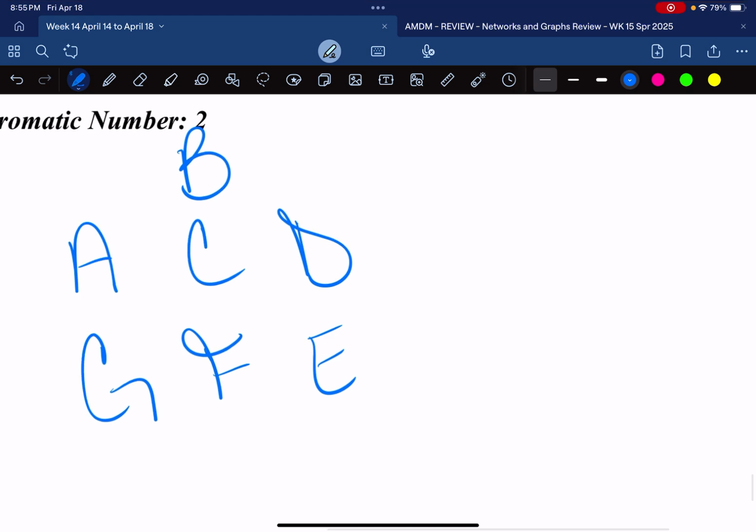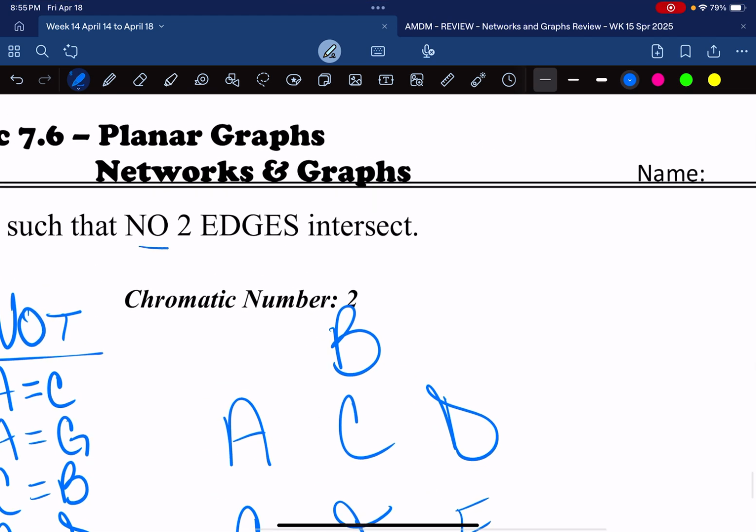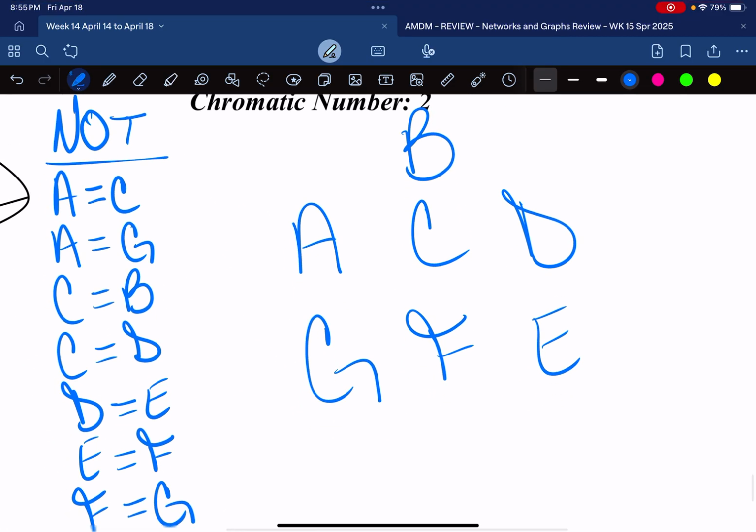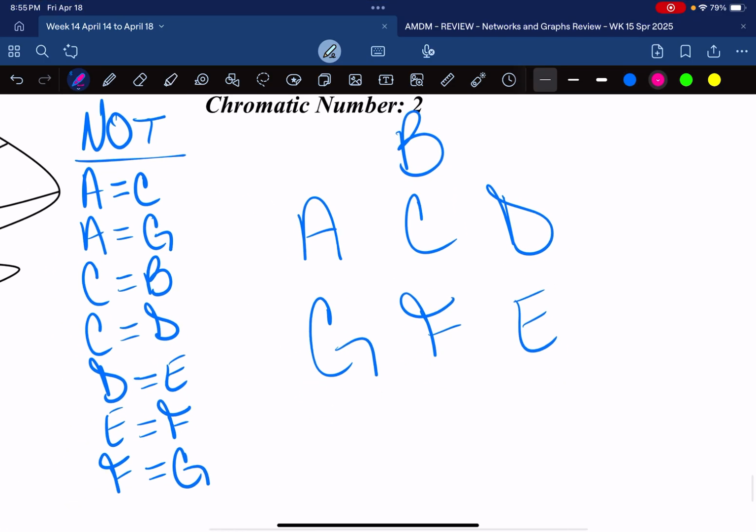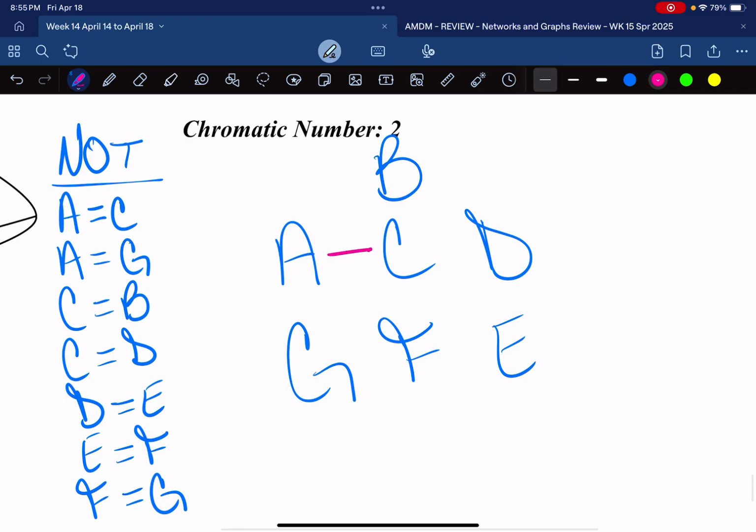No. But I am going to try not to let the 2 edges intersect, so it's easy to do it this way. So I'm looking. I see A connects to C because those can't be the same. A is going to go to G. C is going to go to D as well as B. D goes to E. E goes to F. F goes to G.